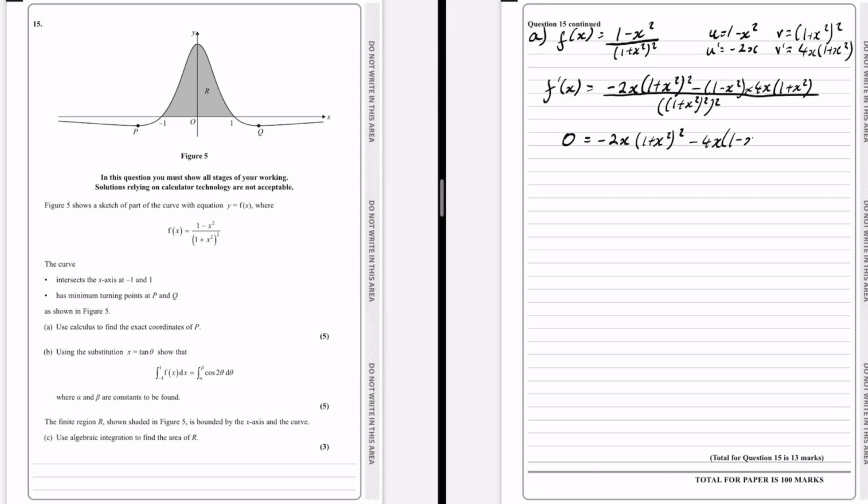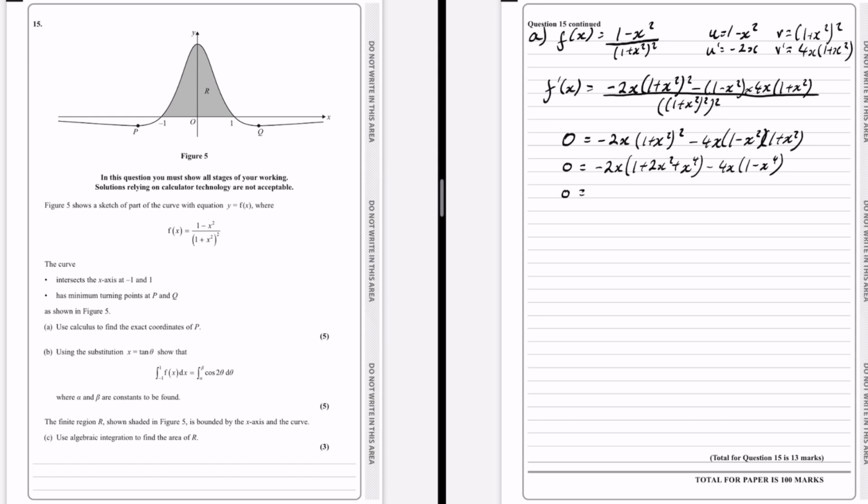So we've got minus 2x, lots of 1 plus x squared squared, subtract 4x, lots of 1 minus x squared, 1 plus x squared. I'm going to expand out the 1 plus x squared squared, so it's 1 plus 2x squared plus x to the power 4, and then multiplying the 1 minus x squared by 1 plus x squared, we'll get minus 4x, lots of 1 minus x to the 4.